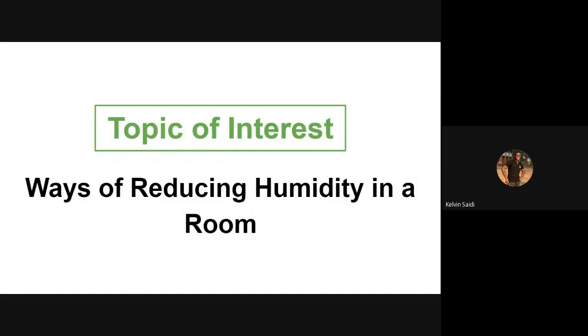Another thing is using an enclosed room when refilling zeolite. If you are refilling zeolite in open spaces, you could be exposing the zeolite to uncontrollable humidity, and this will negatively affect the performance of zeolite.